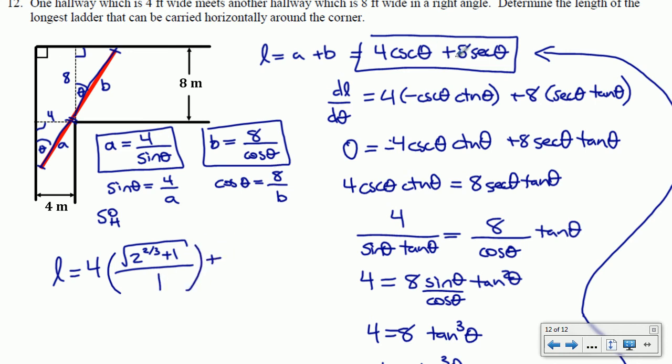And then we add 8 sec, so it's going to be 8, and then hypotenuse over adjacent. So the hypotenuse is again this one, 2 to the 2/3 plus 1 rooted, and then we divide that by x, which we found was cube root of 2.